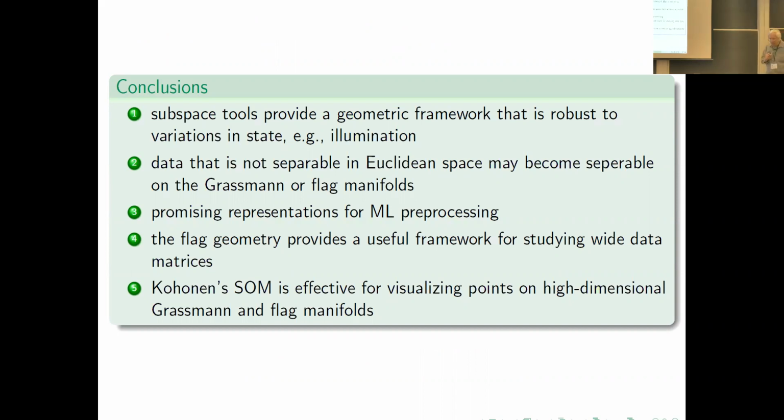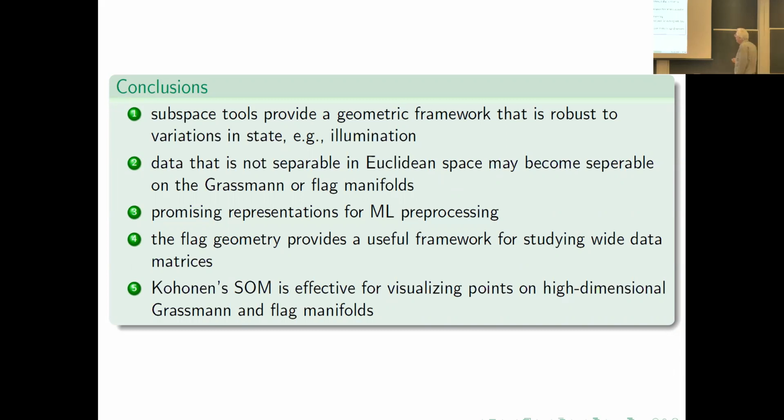Data that's not separable in Euclidean space, and possibly where calculating dimension or distances in Euclidean space is not that interesting, we can do a very nice job separating the data in the geometric framework of the Grassmannian or the flag manifold. This is, of course, promising for representations for machine learning problems.